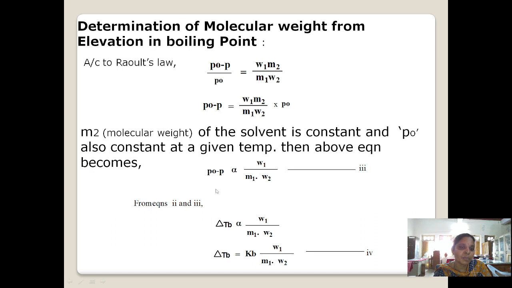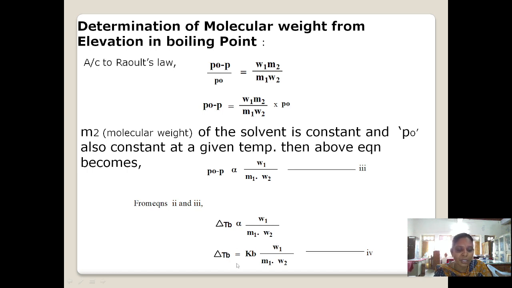From vapor pressure temperature curves for elevation in boiling point, we have the relation P0 minus P is directly proportional to delta TB. Then we can substitute delta TB in place of lowering of vapor pressure, and we get delta TB directly proportional to weight of solute by molecular weight of solute into weight of solvent.